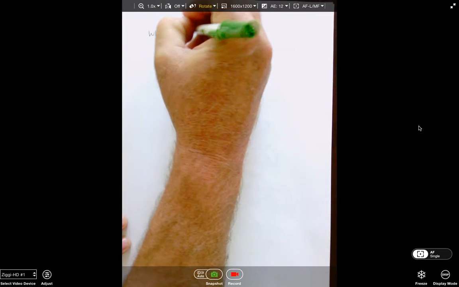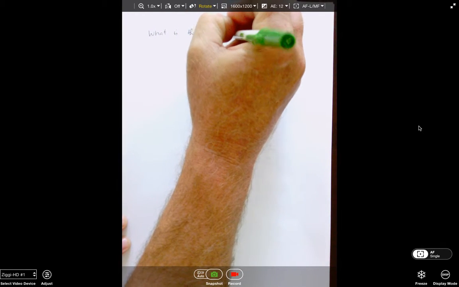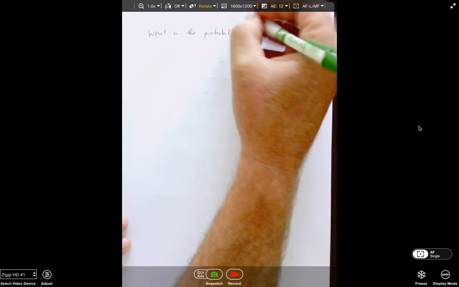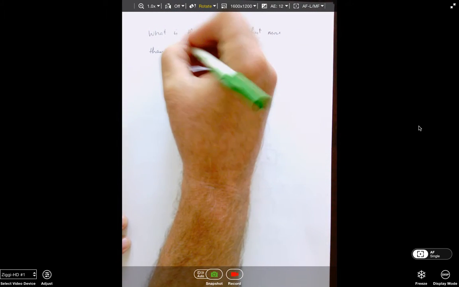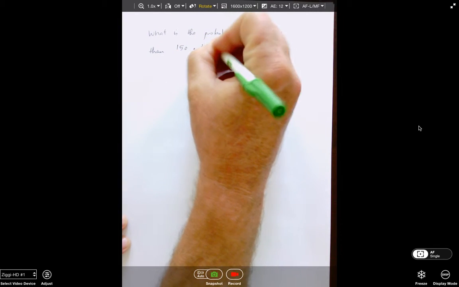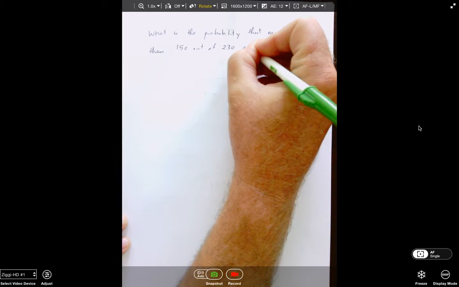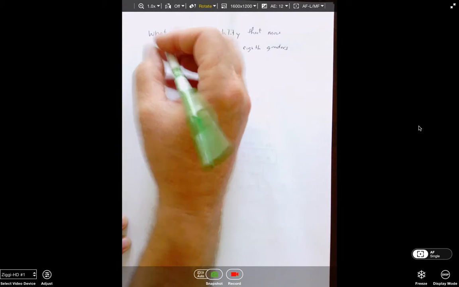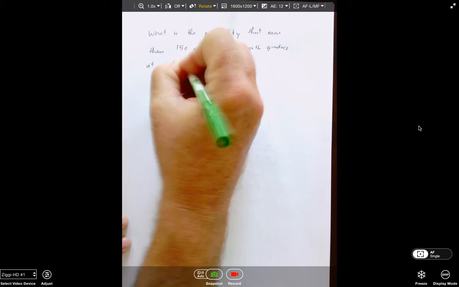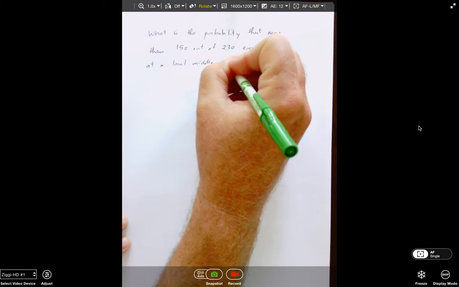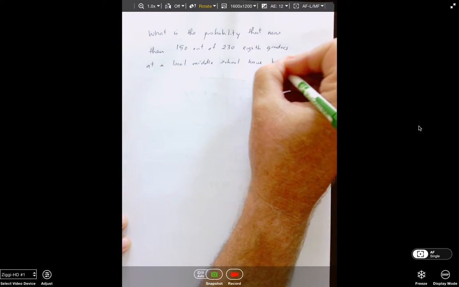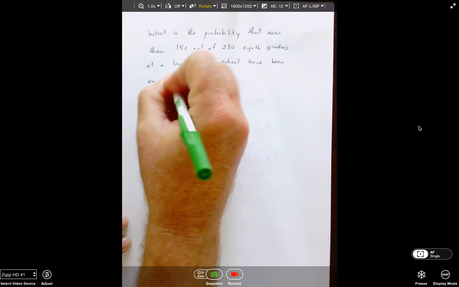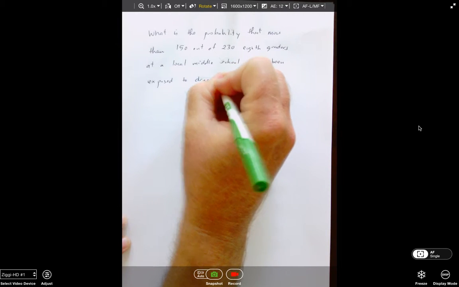I have this. What is the probability that more than 150 out of 230 eighth graders at a local middle school have been exposed to drugs?